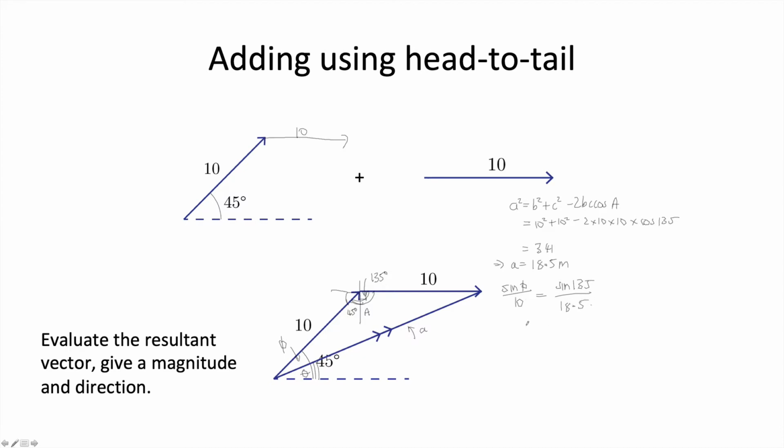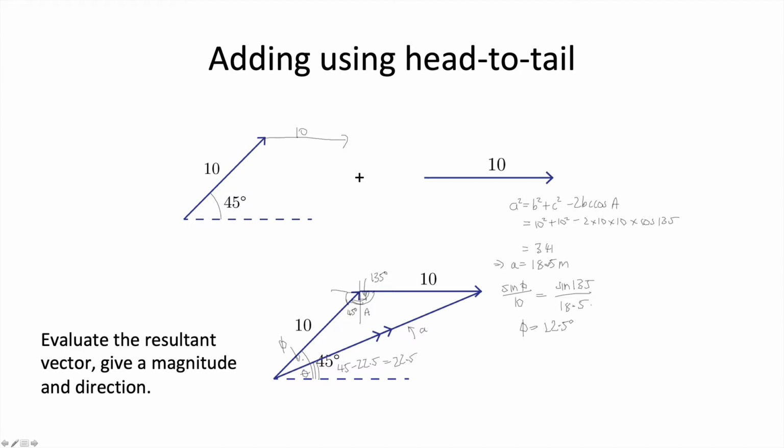And so, rearranging, we've got phi, because we take the inverse sine of 10 times sine 135 divided by 18.5, and we end up with phi is equal to 22.5 degrees. So if that's 22.5 and this whole thing here is 45, that tells us that this thing is 45 minus 22.5, which is also 22.5.